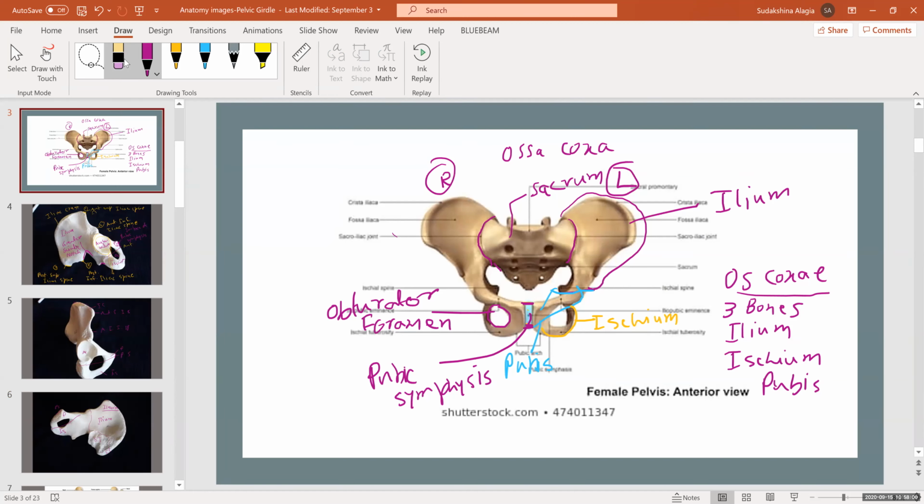Something else, true pelvis versus false pelvis.